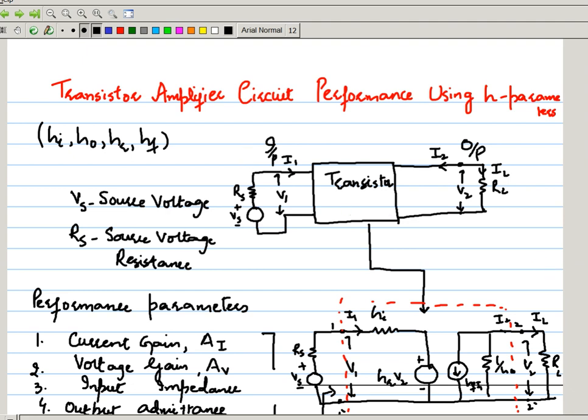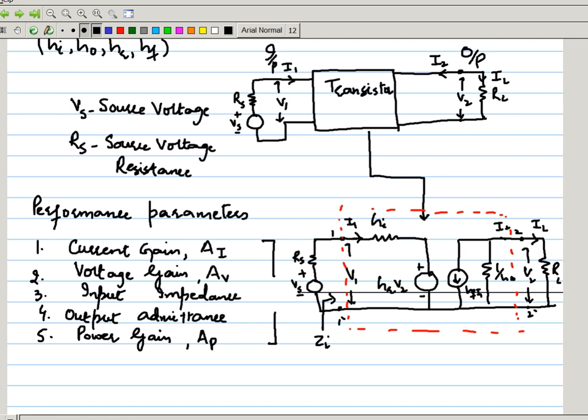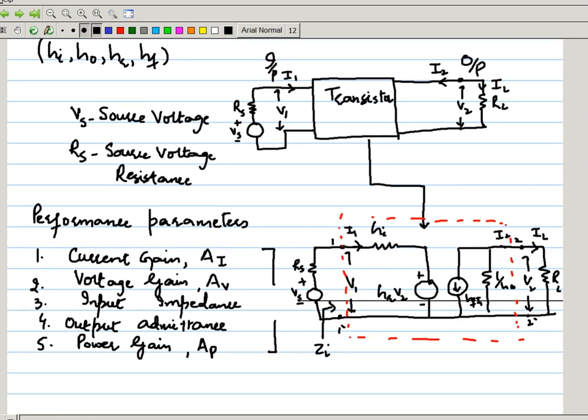I've drawn it prior to making the video, so that you can better understand it. So the transistor equivalent using the H parameter model is the same. You can check that it is the same, and after making the internal H parameter model, I have connected the external source resistance, external source voltage and the external load resistance.